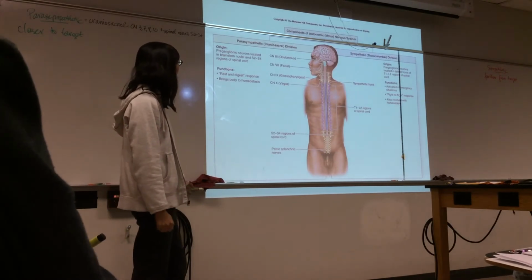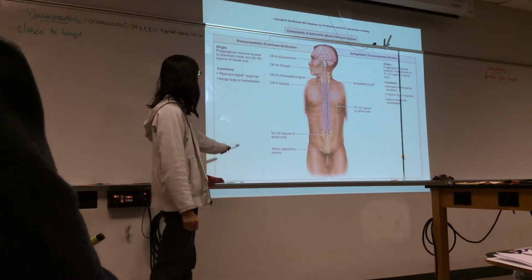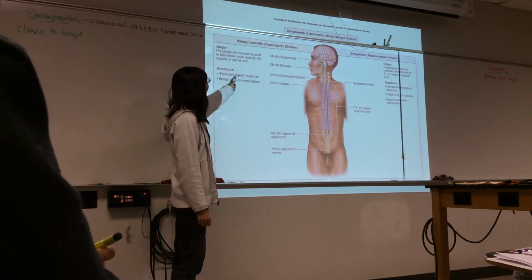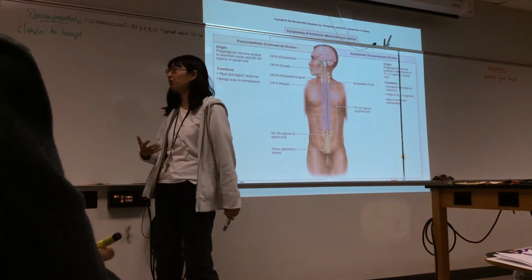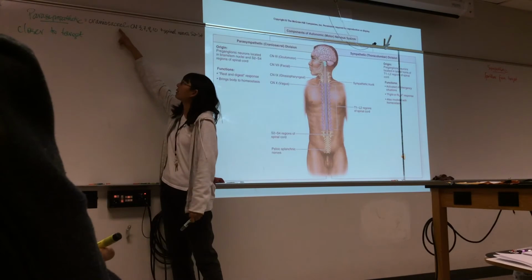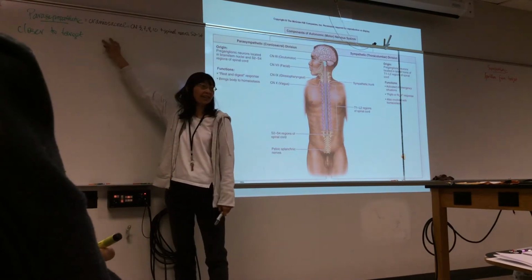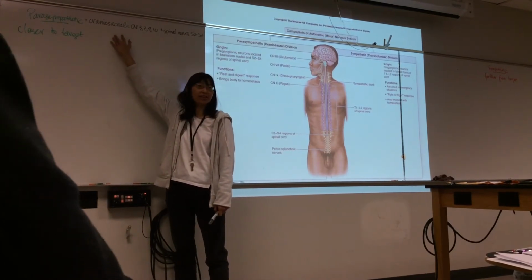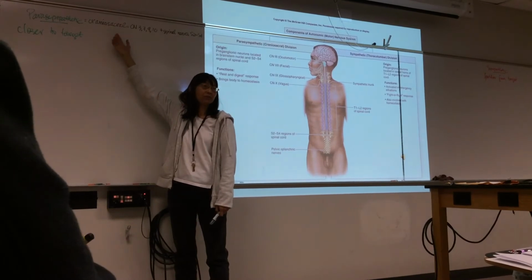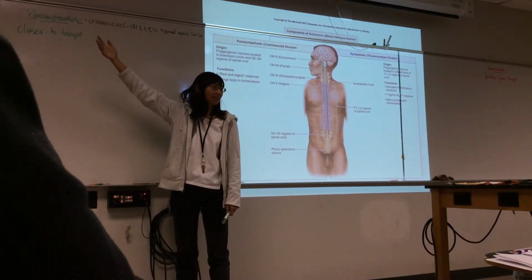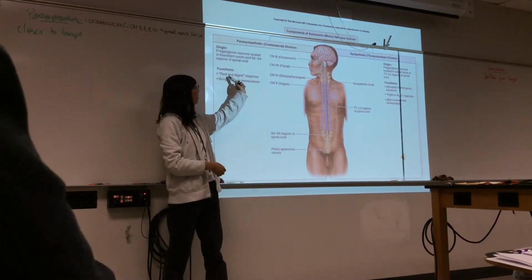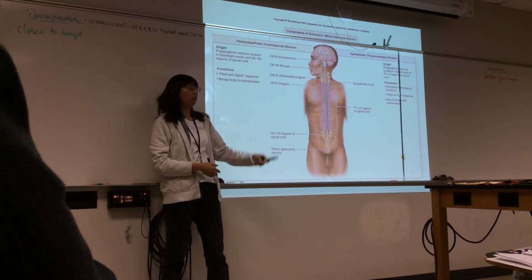The nickname, another nickname for parasympathetic is rest and digest. Okay, that tells you functionally. So this name, craniosacral, is anatomy, right? It's all about location. It involves these cranial nerves, but it doesn't tell you what it does, correct? This is a functional nickname, and what does it do?